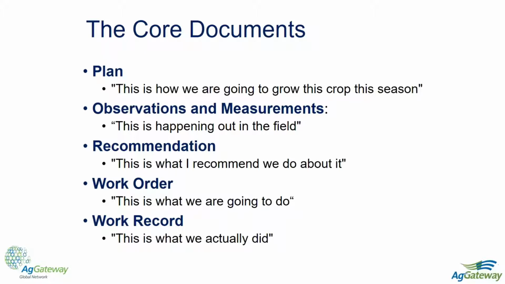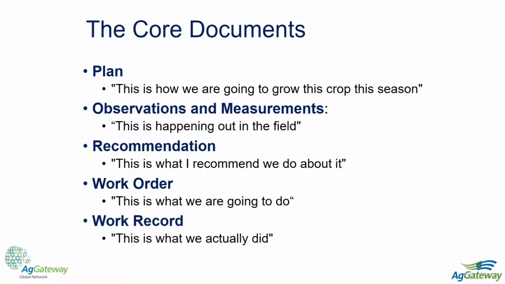Then that plan informs a set of tactical documents that support what we call a documentation cycle that is critical for principled decision making. These are observations and measurements, where somebody goes out and observes the state of the field. A recommendation, where somebody with expertise interprets those observations and measurements and recommends a course of action.